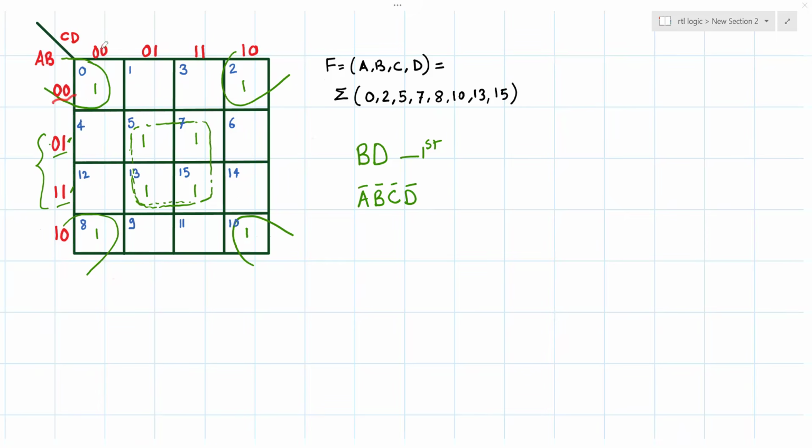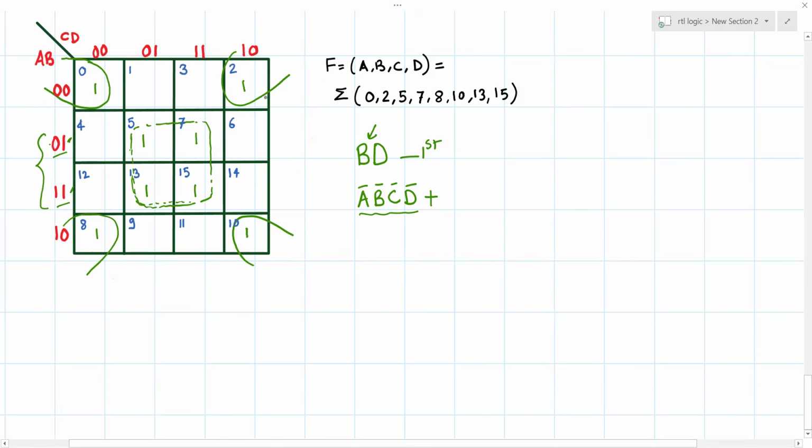Look at this, AB 00, CD 00. So A bar, B bar, C bar, D bar. Then the next term, I look at this one, which is nothing but 0010. I am writing a sum of products. So this is the first product term, the product term I obtained from the middle four grouping of the ones.